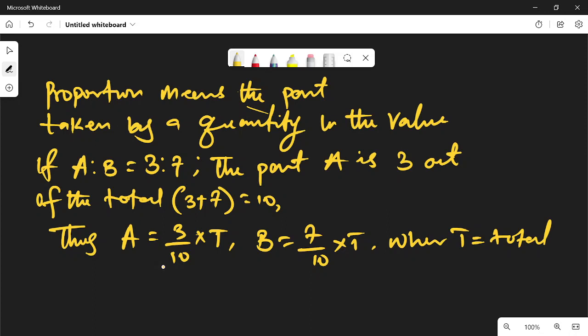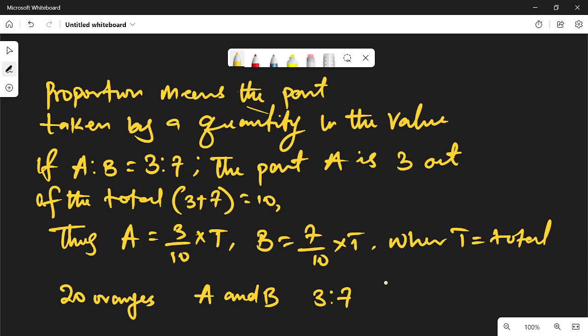For you to understand what I'm saying, let's say I have 20 oranges and I say it's to be shared between A and B in the ratio 3:7.